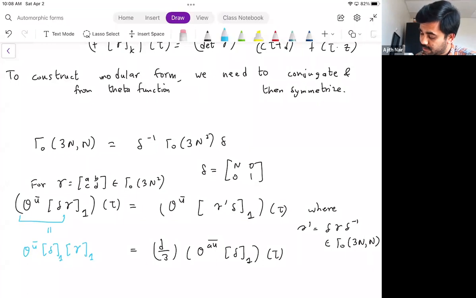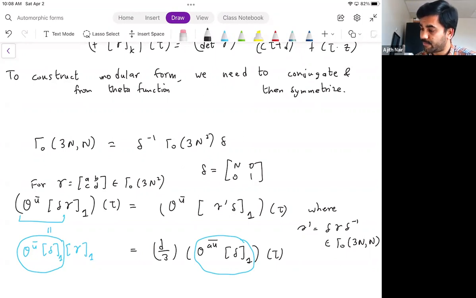That means that if you just consider this one, then this has a nice transformation property with respect to Gamma naught 3n squared, where delta is this (N, 0; 0, 1) matrix. So that's why we first conjugate by delta.